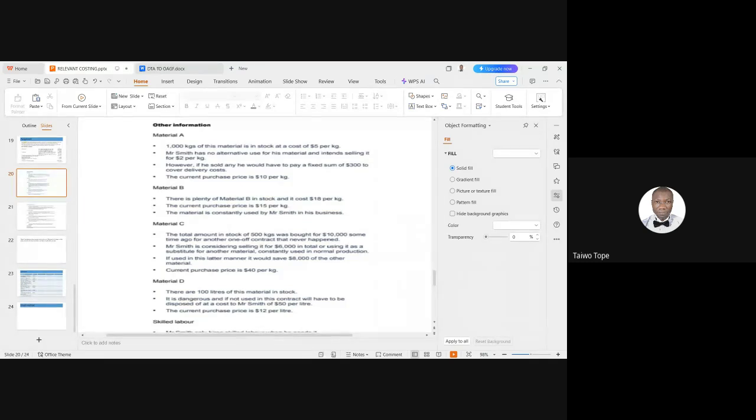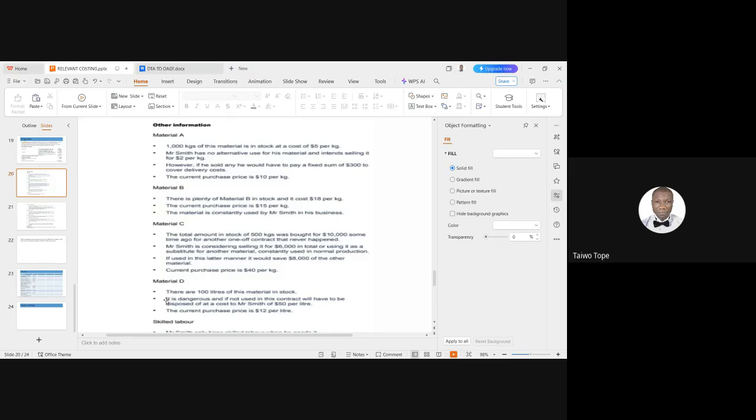Material C, the total amount in stock is 500 kg, bought for $10,000 some time ago for another one-off contract that never happened. Mr. Smith is considering selling it for $6,000 in total, or using it as a substitute for another material constantly used in normal production. If used in this latter manner, it will save $8,000 of the other material. Opportunity cost is coming in here. The current purchase price is $40 per kg.